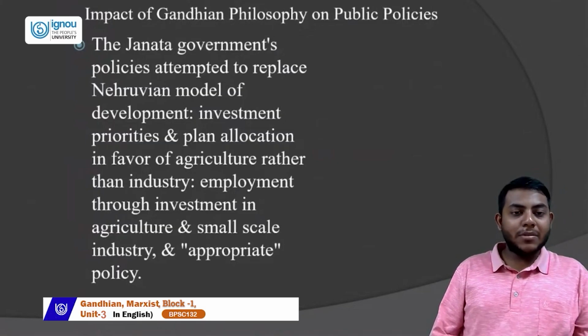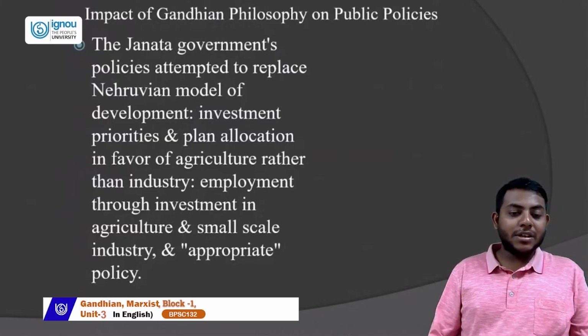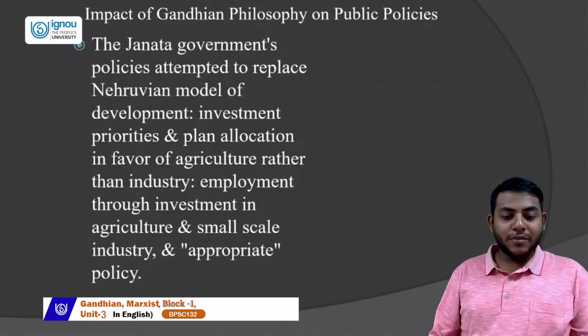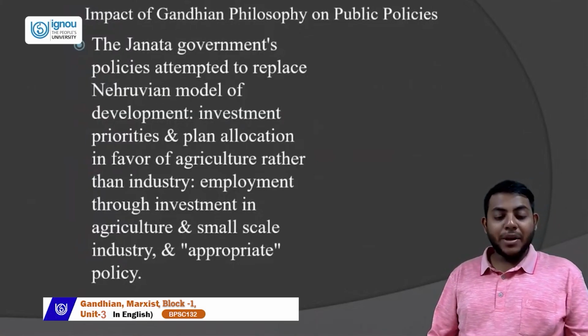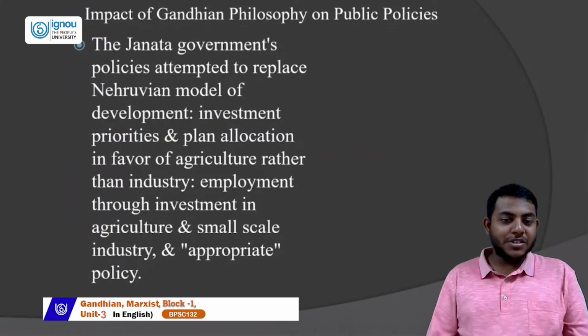This Janata government's policies attempted to replace the Nehruvian model of development, with investment priorities and plan allocation in favor of agriculture rather than industry. So employment through investment in agriculture and small scale industry and appropriate policy, that was their vision.